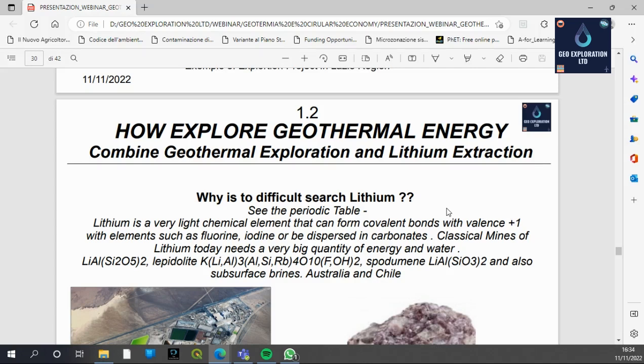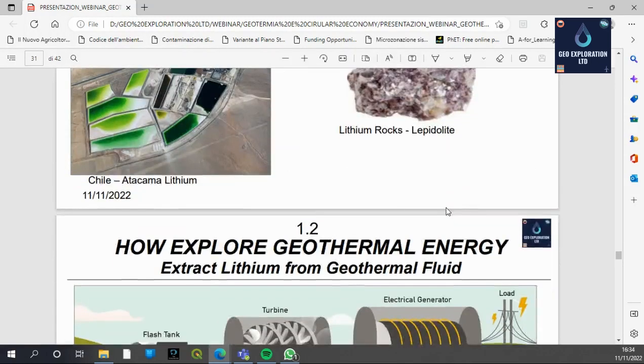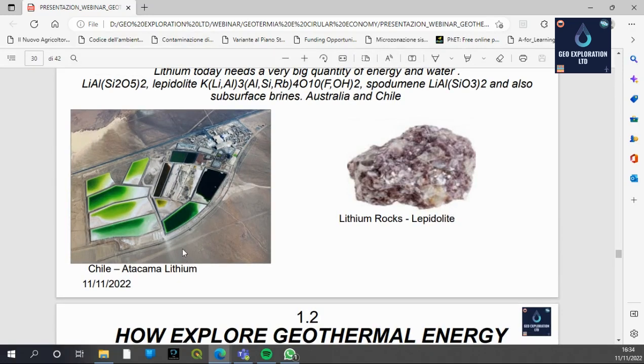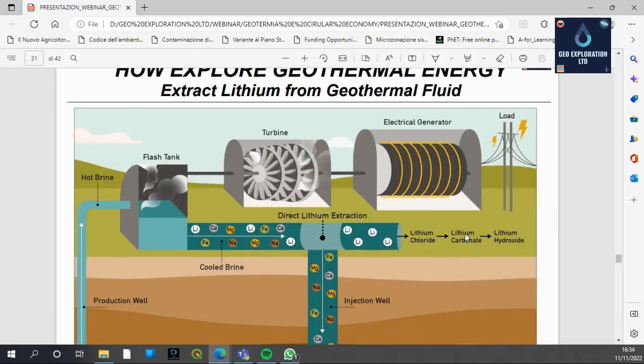The classical lithium mines today need a very big quantity of energy and water. To solve this problem, we have also shown one of the open mines in Chile, Atacama Lithium, where fluid can be extracted by geothermal wells.